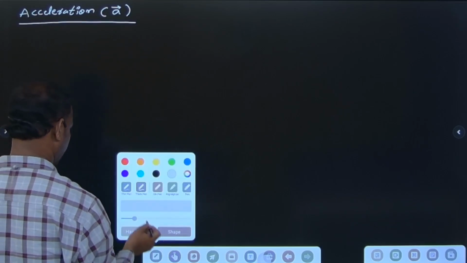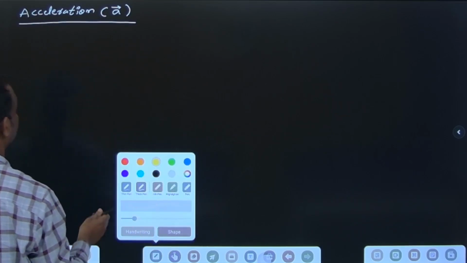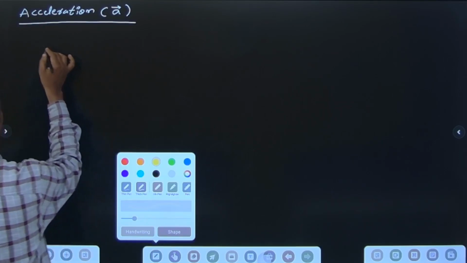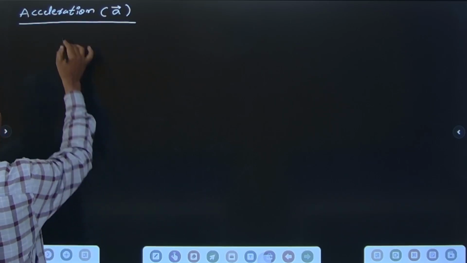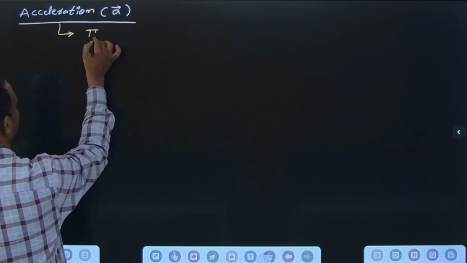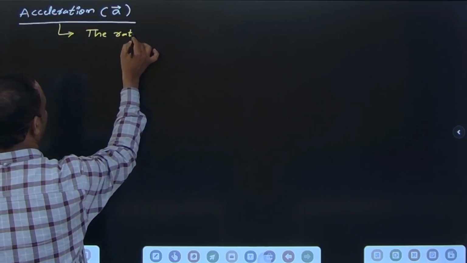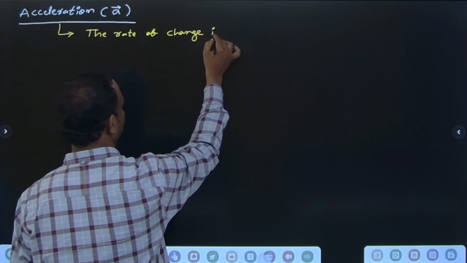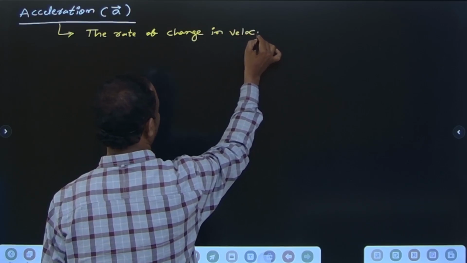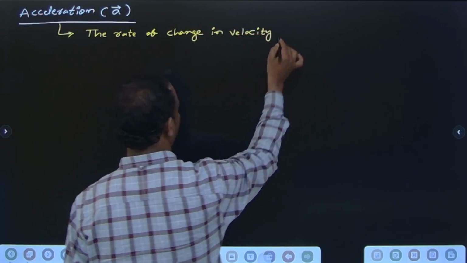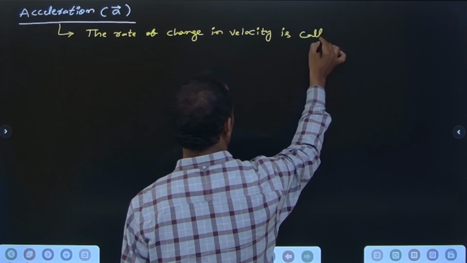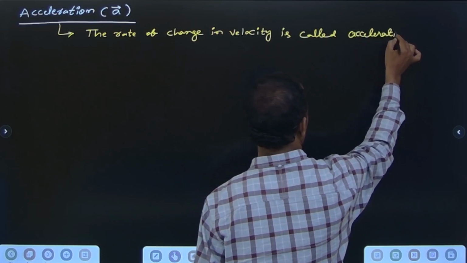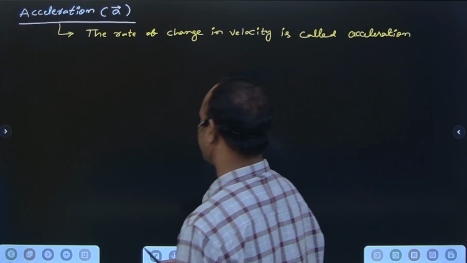Generally, when you speak about acceleration, the rate of change in velocity is called acceleration. The rate of change in velocity is called acceleration.